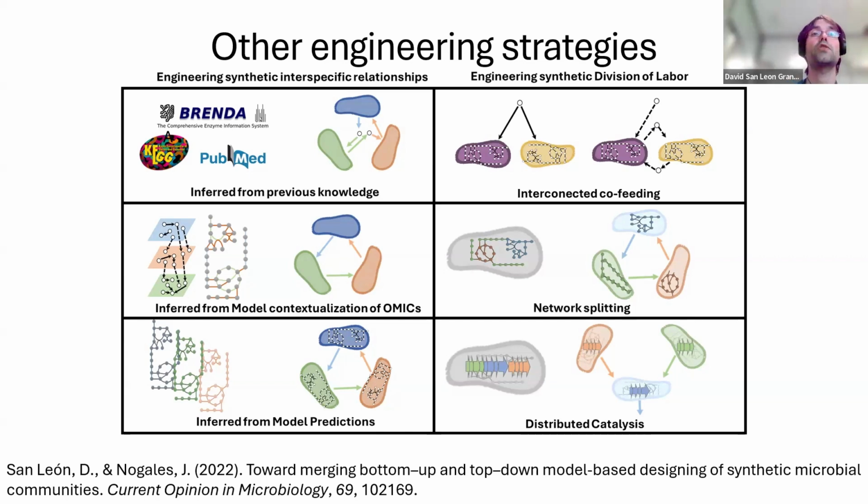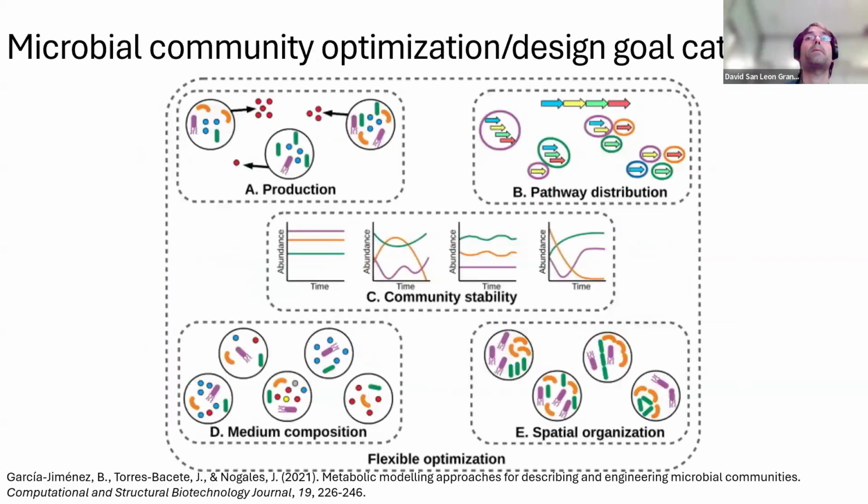So at this point is where we have a lot of problems trying to design so many variables, because of course we have other goals. We want, of course, production. Maybe we have a problem with the pathway distribution. We have the community stability along time.